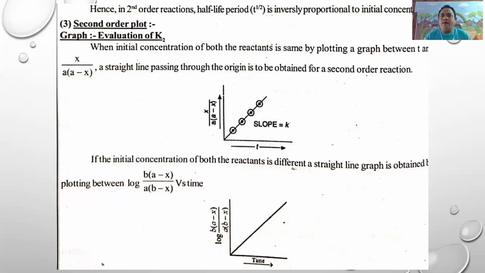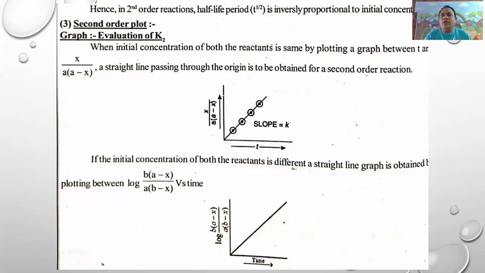Similarly, in the third half-life time, among the 25% of the reactants, half, that is 12.5%, is converted into products, so 87.5% of the products are obtained. At that time the concentration of reactants is 12.5, and t 87.5 equals 3 t half. Similarly, in the fourth half-life time, among the 12.5% of the reactants, 6.25% is converted into products.